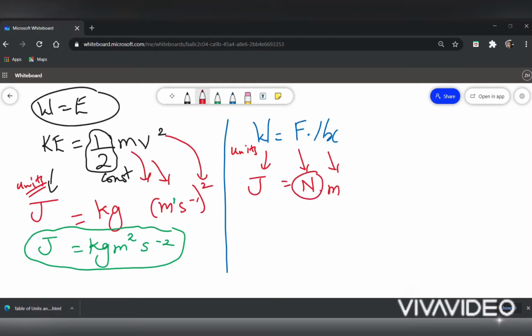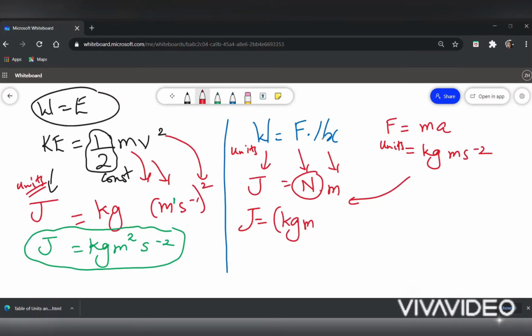But how do we break down that newton? From our equation for force, F is equal to ma, we get our units as kilogram meters per second squared. I'm just going to add that right here. So our joule, therefore, is going to be kilogram, put it in brackets, meters per second squared by the meter. Now, this again, indices.